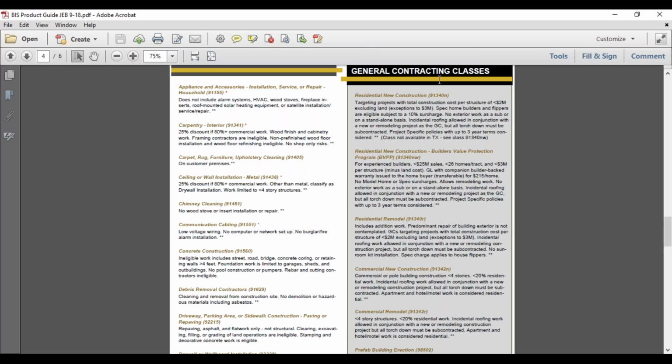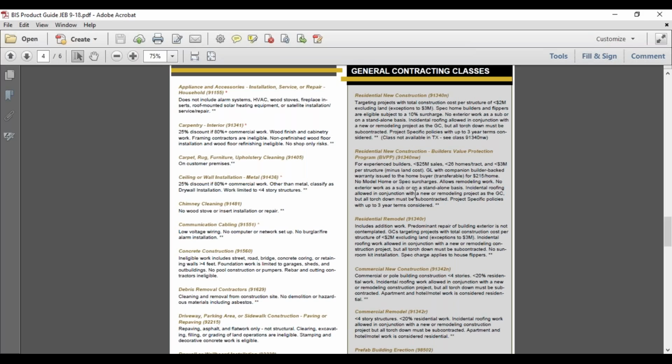So this is the product. This is for the smaller subdivisions. If we're doing a larger subdivision, so about 26 homes or less, and the sales costs are higher, then we have a warranty product where it's a builder-back warranty.